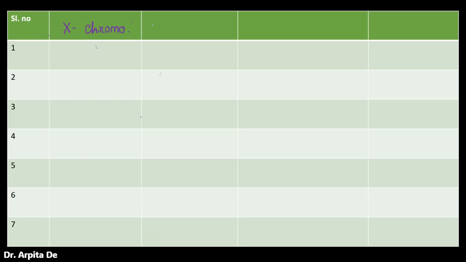In this one we'll write autosomes. Clear? This one we will write X is to A ratio, and in the last one we'll see the sex of the organism.